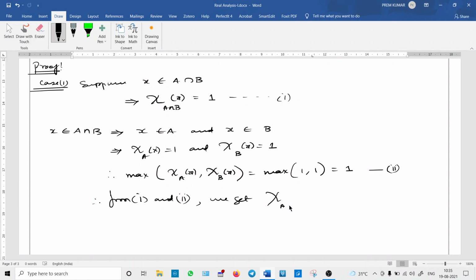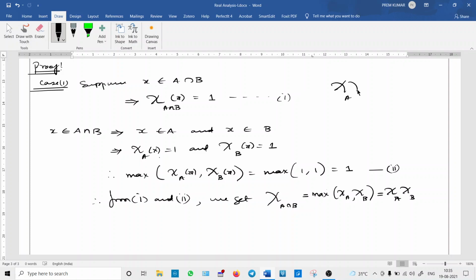we get chi A intersection B is nothing but chi A into chi B. What is chi A into chi B, the product of two functions?